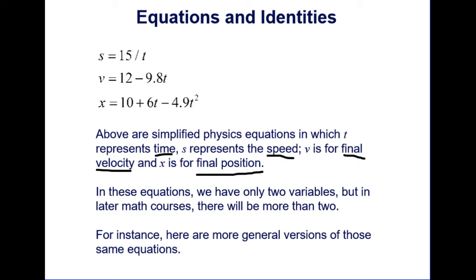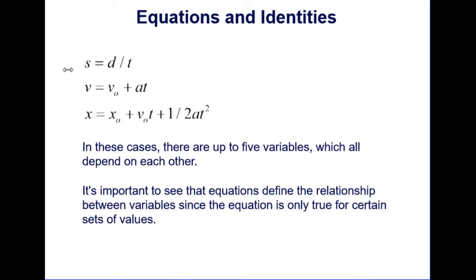For instance, here are more general versions of these same equations. We have s equals d over t, but now we have v equals v naught plus at, and x equals x naught plus v naught t plus 1/2 at squared. So these are a little bit more complicated physics equations. In these cases, there are up to 5 variables which all depend on each other.